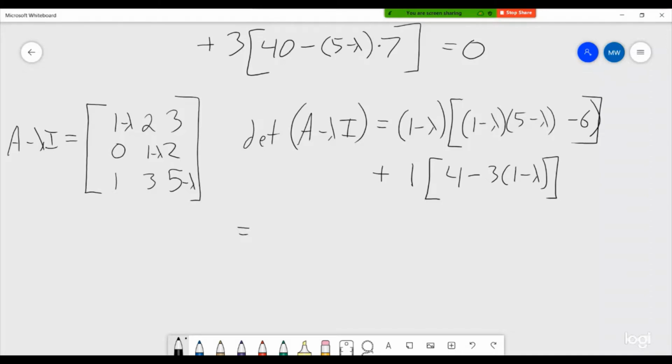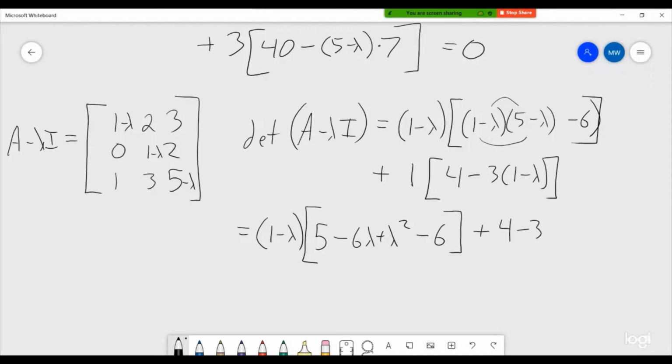So let's see, expanding all that out, we get 1 minus lambda times (5 minus 5 lambda minus lambda, so minus 6 lambda, plus lambda squared, minus 6), plus 4 minus 3 plus lambda. So that's going to be, let's see, 5 minus 6, that becomes a negative 1.